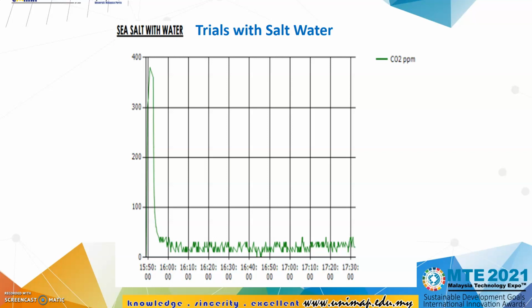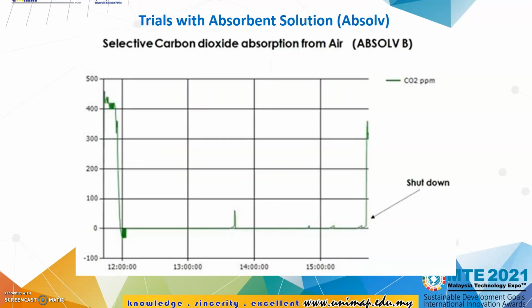results from actual industry. As shown here are trials with salt water where the flue gas containing CO2 had an initial concentration of 360 ppm and it went down to 10 ppm after just 10 minutes. Another testing was carried out with a specially made liquid known as absorbent solution, or absorb.